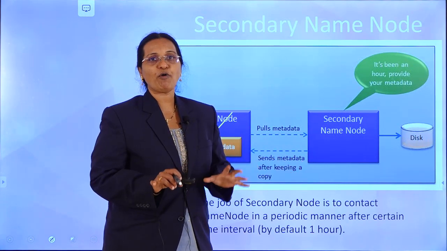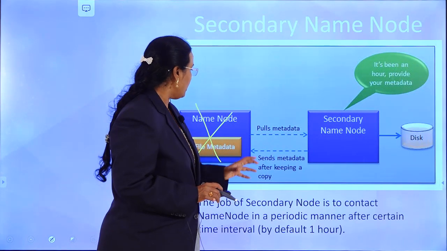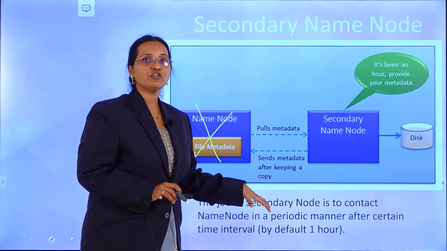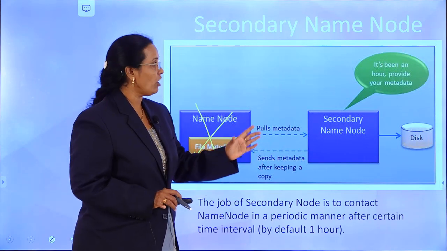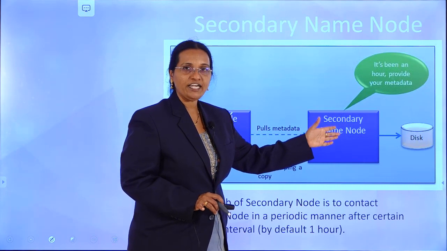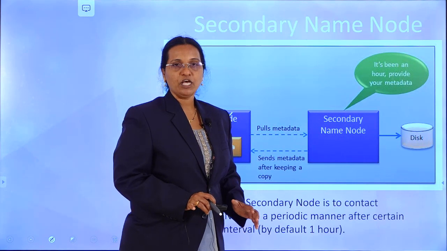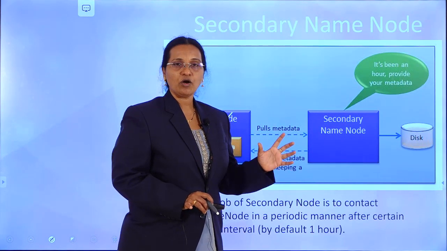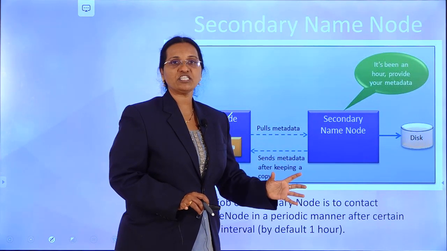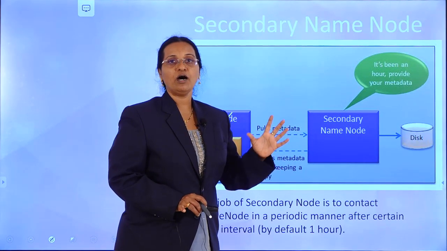Similarly, for the meta information stored in the name node, if the name node is not working, we need not worry, because based on the time we set for the secondary name node, maybe 1 hour or half a day or 1 day, a backup will be taken. So these are the benefits of the components, and the Hadoop cluster has been made in such a secure fashion that there is no chance of spoilage of data.